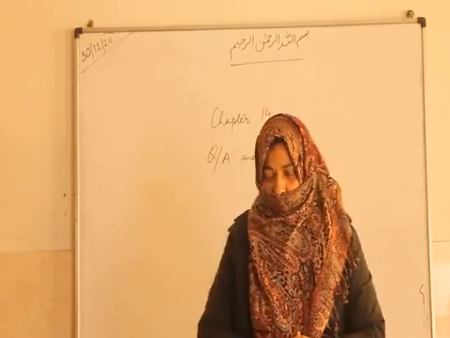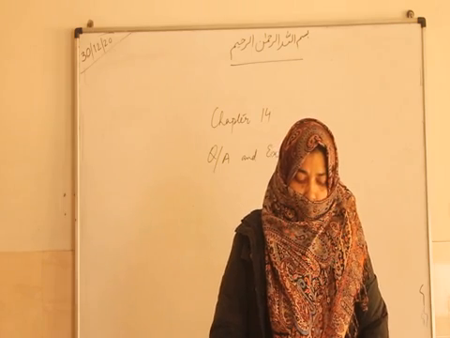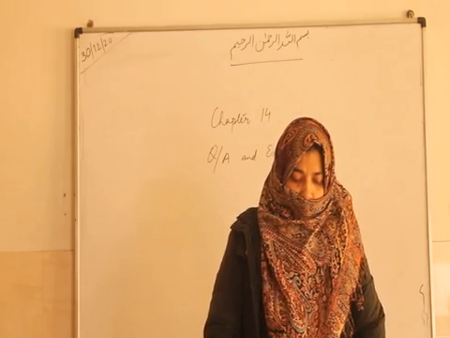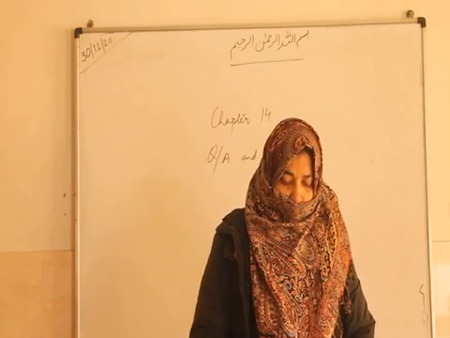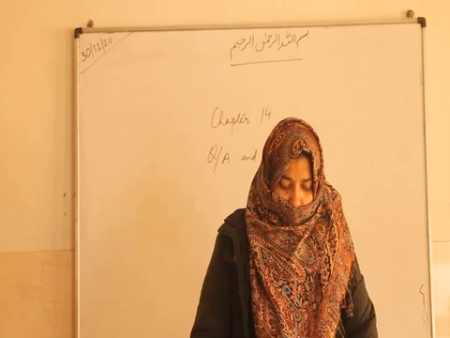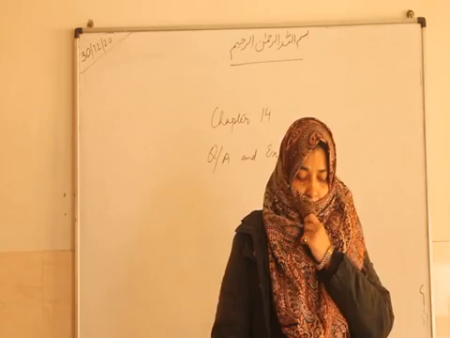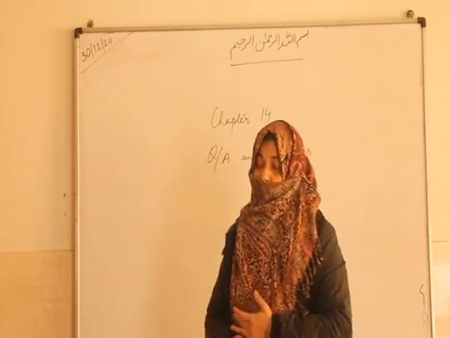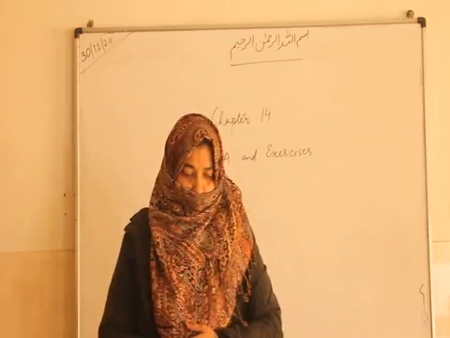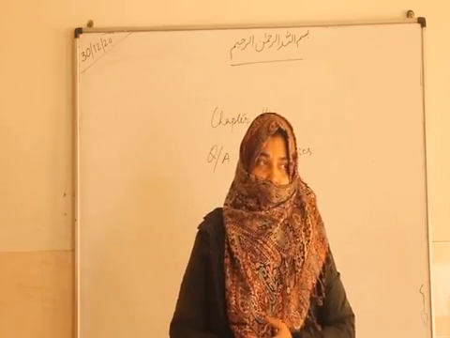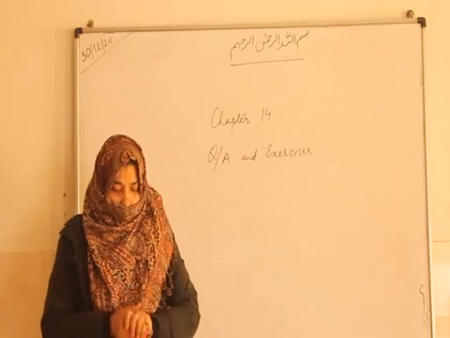They are the instruments, and this graph is known as a spirogram. This graph is there in the chapter also. Just go through all the graph: what is tidal volume, inspiratory reserve volume, expiratory reserve volume, and then vital capacity.